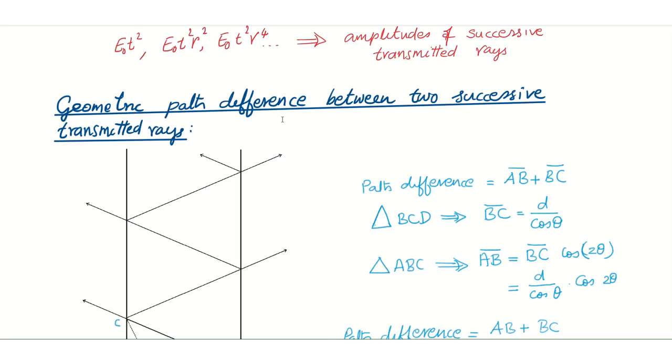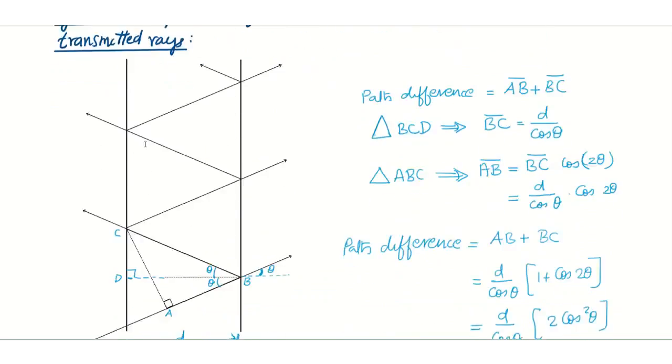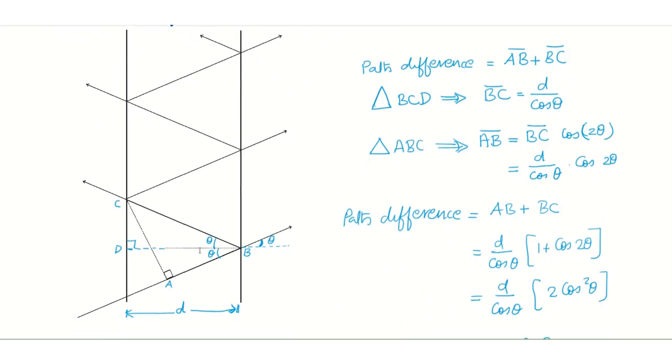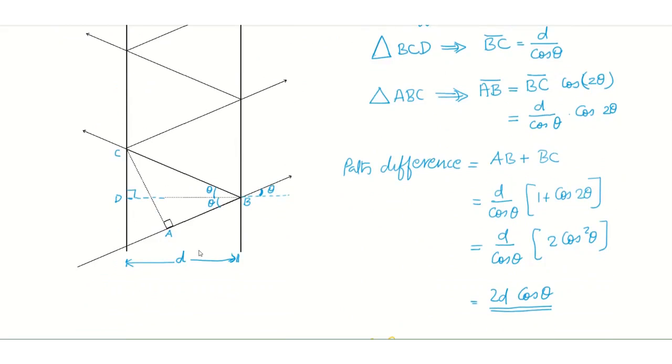Geometrical path difference between two successive transmitted rays. This was the situation that we have explained, light going in. The geometrical path difference between this wave and this wave is going to be AB plus BC.